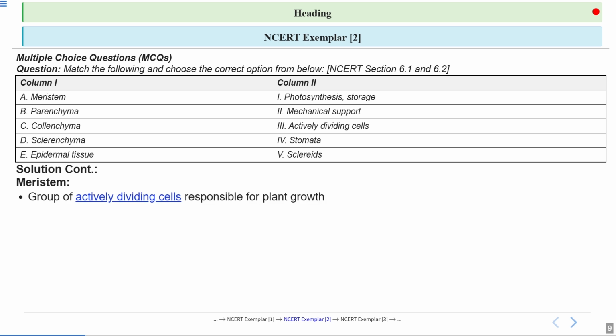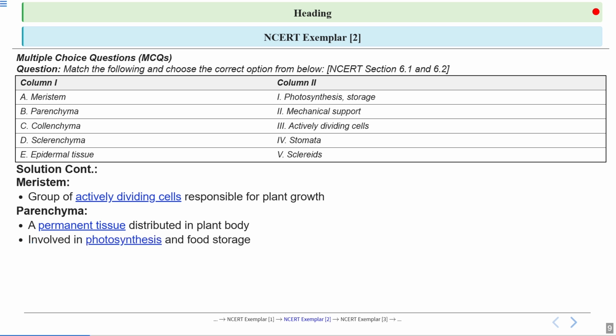Meristem is a group of actively dividing cells responsible for plant growth. That is why meristem matches with actively dividing cells. Parenchyma is a permanent tissue distributed in the plant body. It is part of the permanent tissue and is distributed all over, like a filler. It is involved in photosynthesis and food storage.